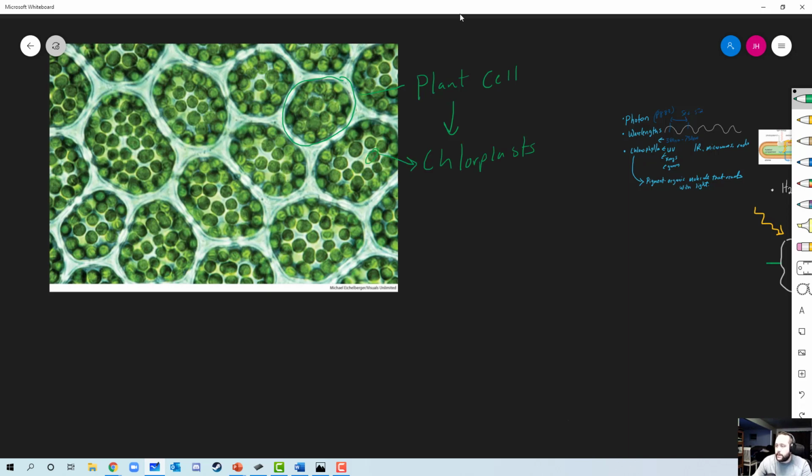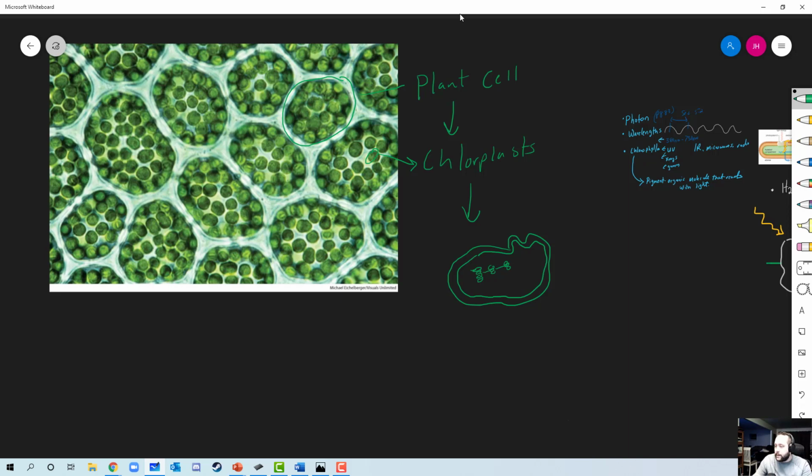And if we zoom in on chloroplasts, and you can look at page 85 at the top, you can see there's these double-walled membranes inside of the chloroplast on the outside, and it has an inner membrane that ends up looking like these discs, and this is all one compartment here. They're all connected.